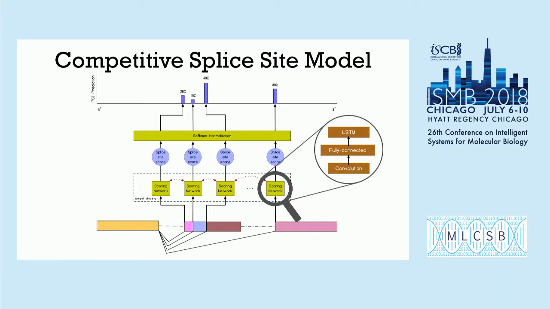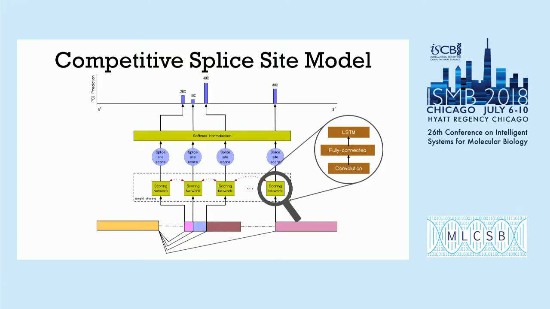So for the actual architecture we use in the scoring network, we tried multiple different architectures that you can read about in more detail in the proceedings. But the architecture that worked the best for us is when we use a series of convolutional layers at the bottom.